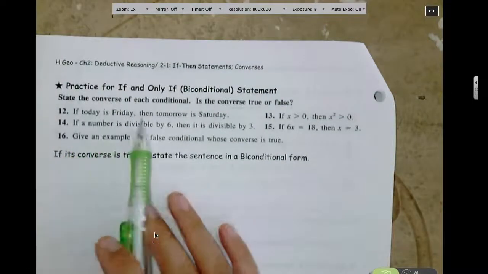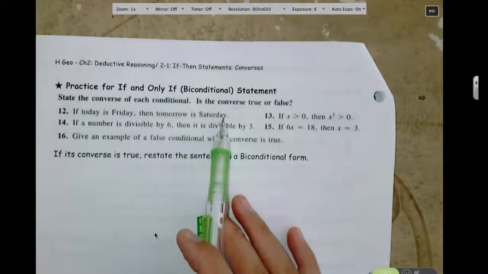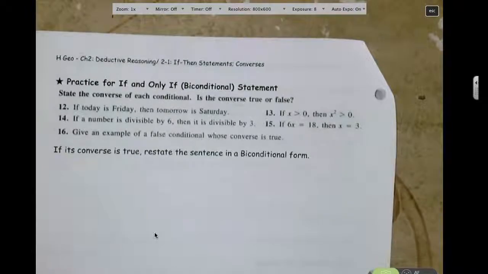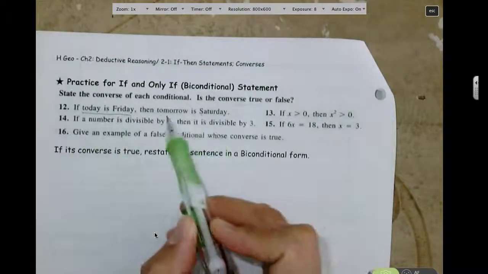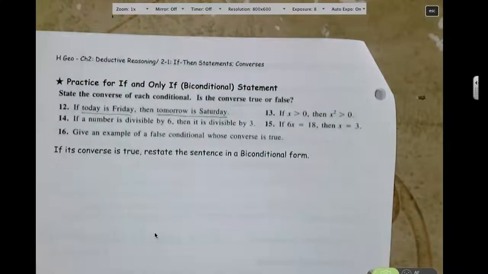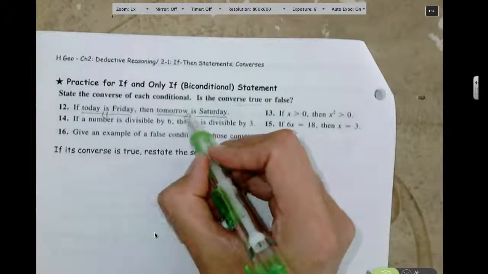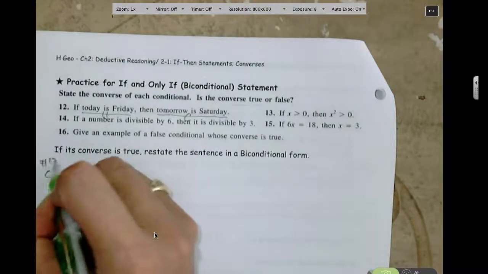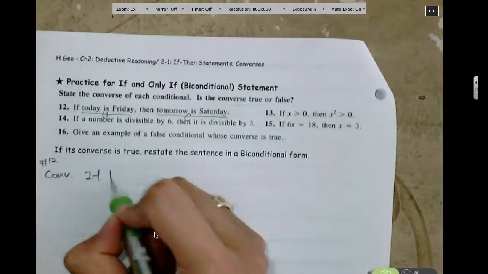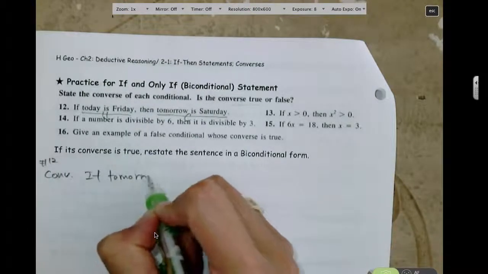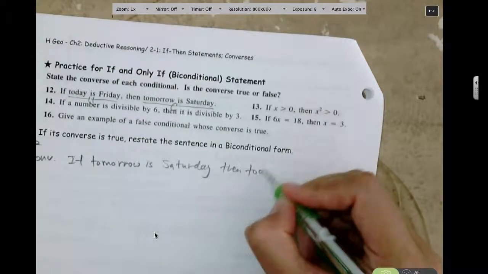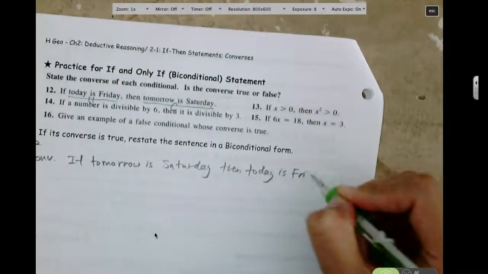Number 12. If today is Friday, then tomorrow is Saturday. Okay, so what's the converse here? Write the converse. So you flip the hypothesis and conclusion, right? So right now, this is the hypothesis, and that's the conclusion. So the converse for 12 is: if tomorrow is Saturday, then today is Friday.